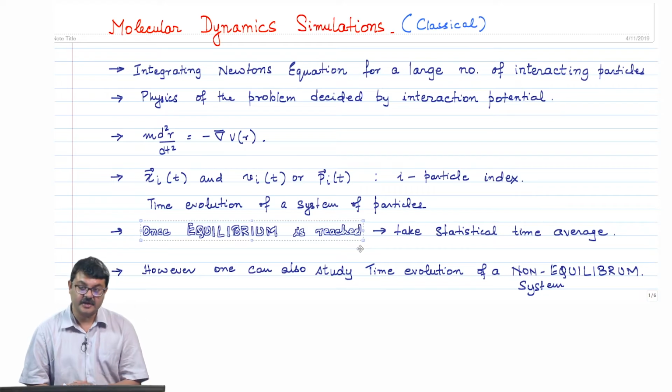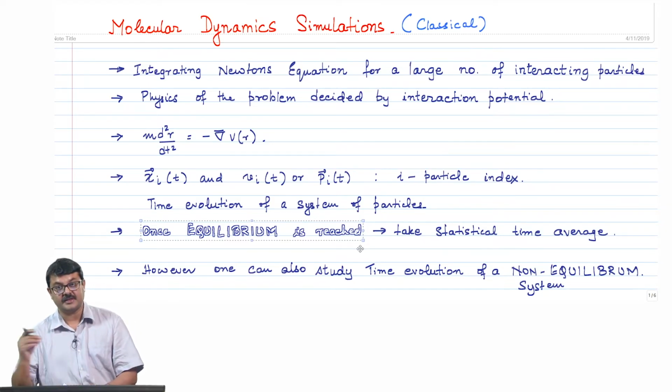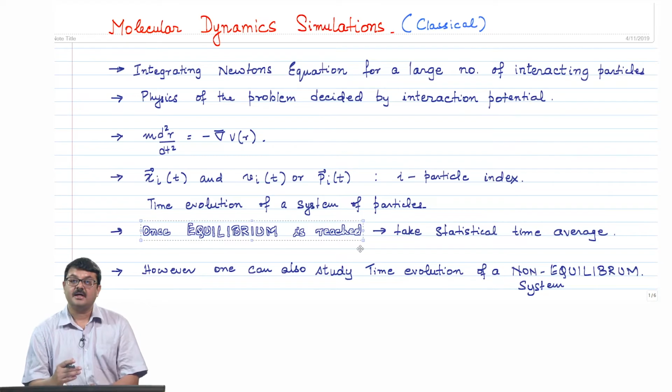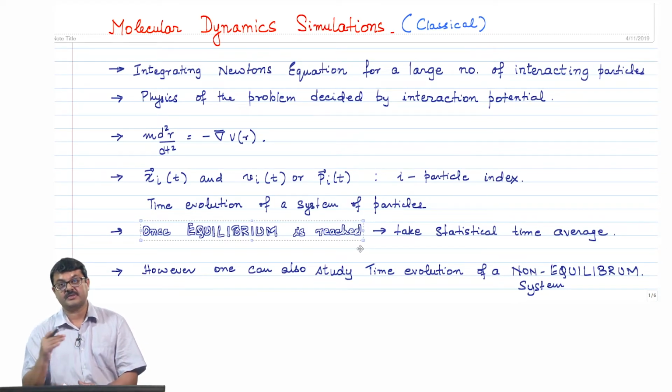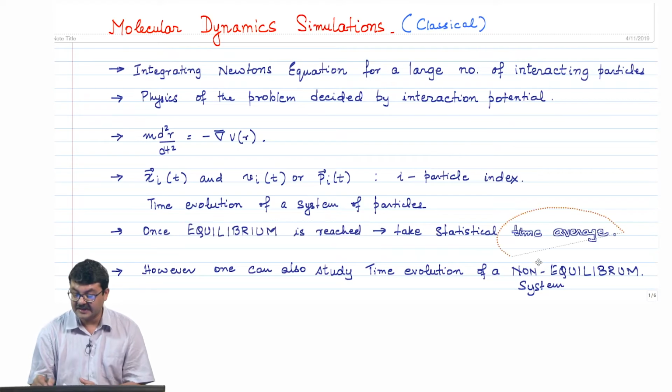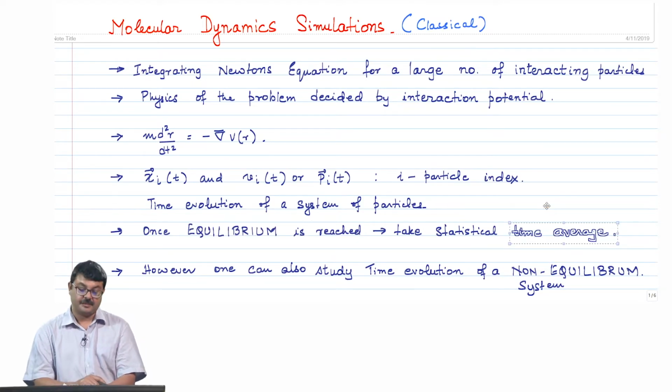In Monte Carlo simulations, the Ising model which we discussed previously, you are taking the ensemble average. The system was going from one microstate to the other, different copies of the ensemble. Here also, if the system is in equilibrium, the system is going from one microstate to the other, but as a function of time. So, when you take a statistical average, you are essentially taking a time average of the system.